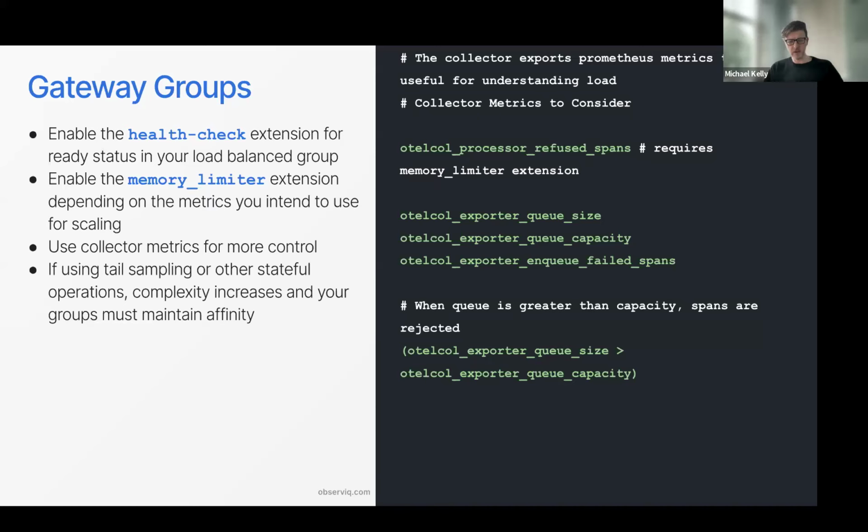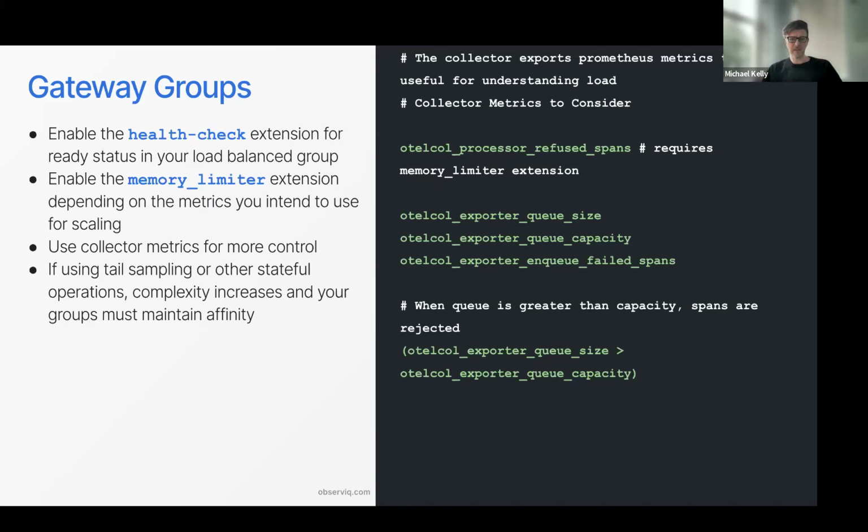Even if you don't decide to use these for the actual scaling, it can be really useful to expose and monitor them as you're tuning the system and determining the right approach to scaling out. They can be a good indication of the performance of the collectors at scale.